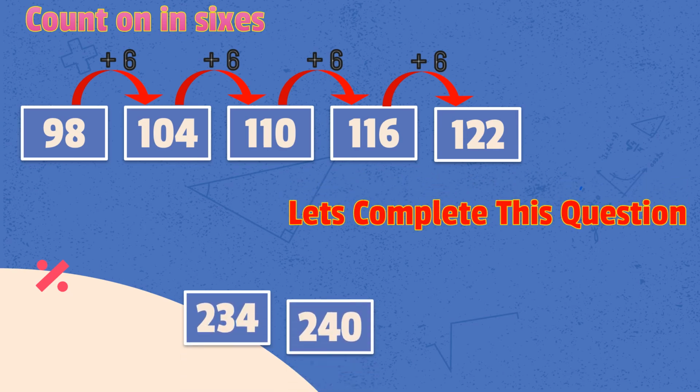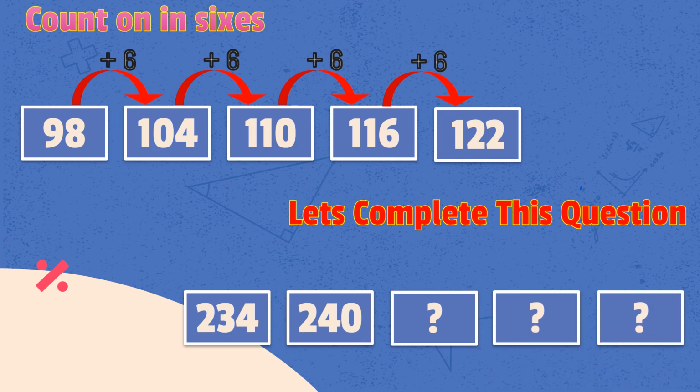Let's complete this question. Let's try to fill the blank here. These two numbers are very close, and then we can know these two numbers become bigger or smaller. This number becomes bigger from 234 to 240.